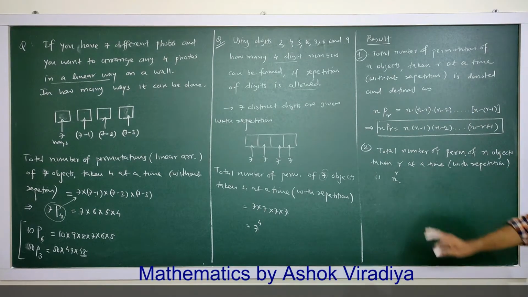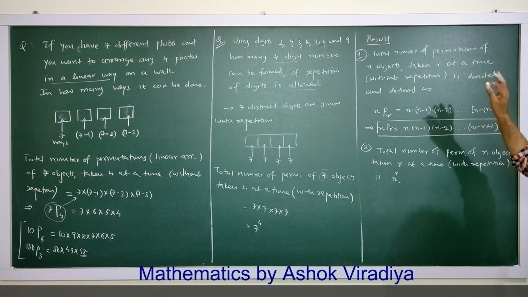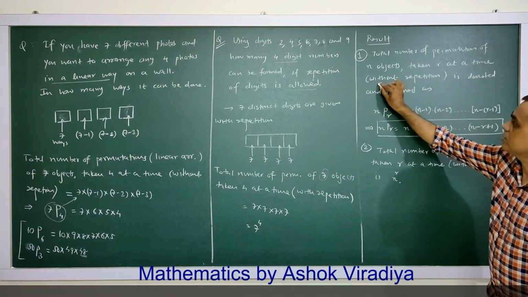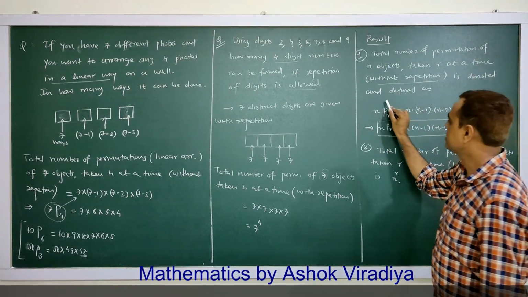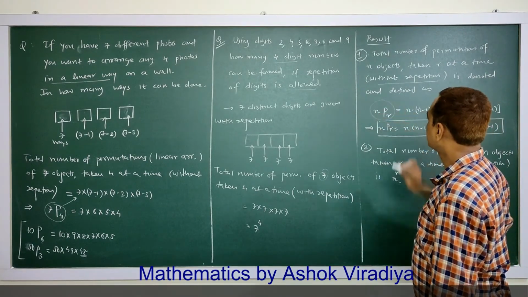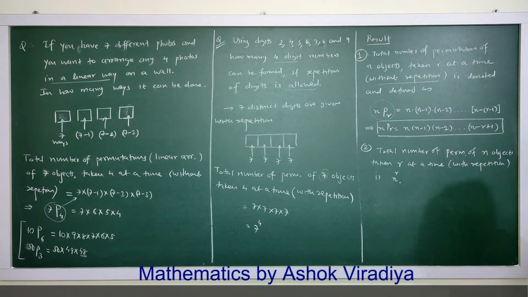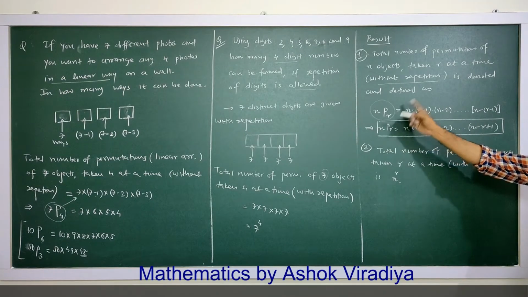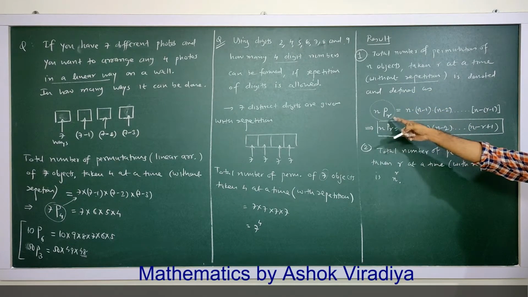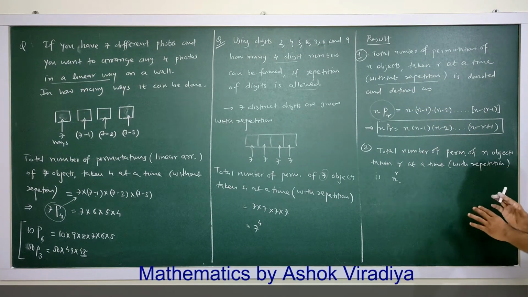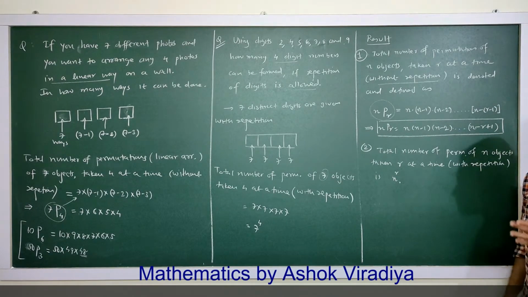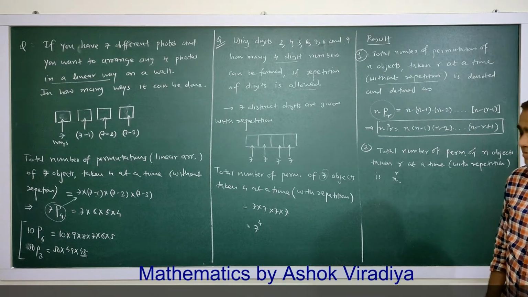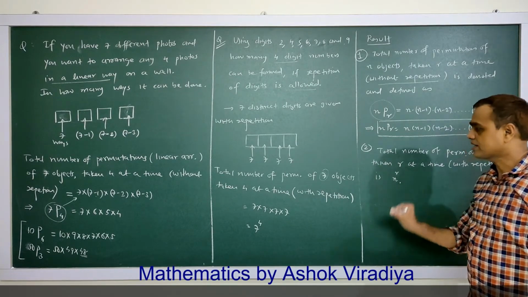If objects are distinct and without repetition they are arranged, then this notation is used. This is used in case of without repetition. But here repetition is allowed. So total number of permutations of n objects taken r at a time is n raised to r.